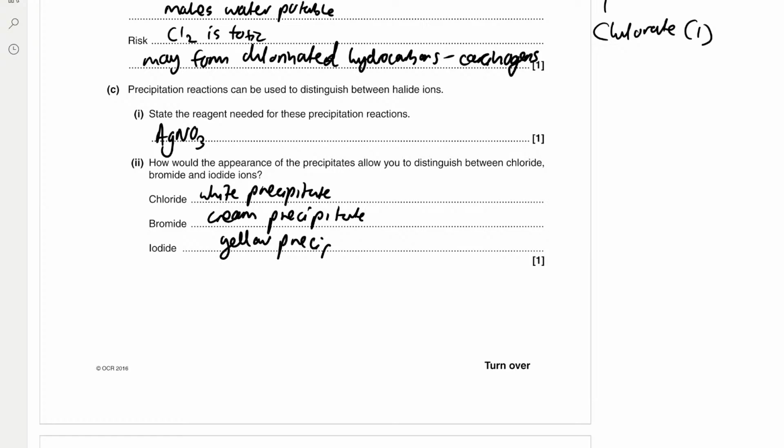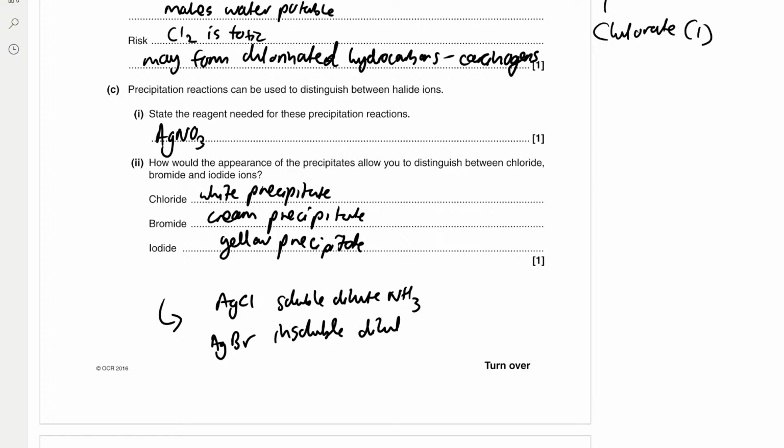And then you can go a step further, not in this question, but you could go a step further in your qualitative testing, and AgCl is soluble in dilute ammonia. Silver bromide is insoluble in dilute NH3, but it's soluble in concentrated.